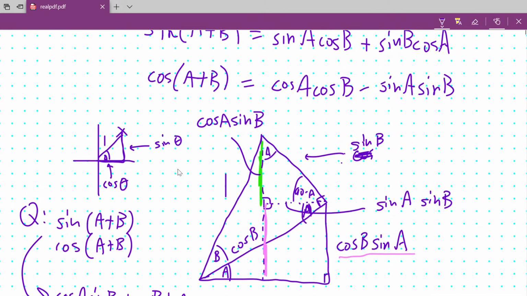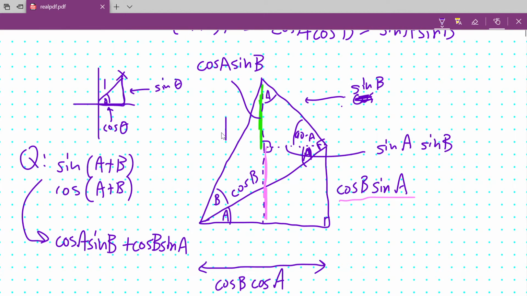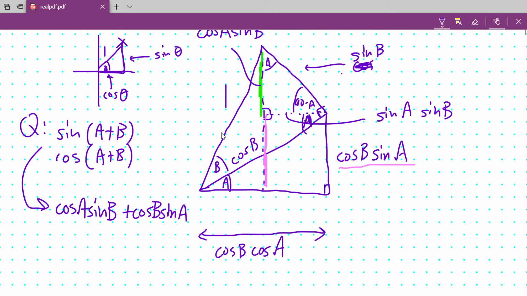If I scroll up, that's how we get this identity here. And we can get cosine A plus B from the same triangle.